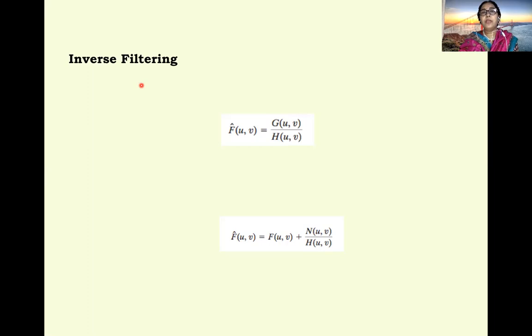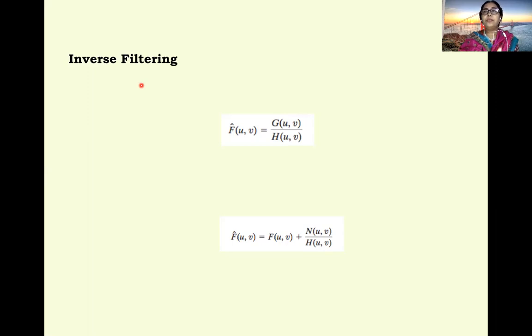Therefore F approximation (u,v) is equal to G(u,v) by H(u,v), from the previous equation we already discussed in the previous lecture. So F approximation is equal to G(u,v) by H(u,v) when we consider the noise almost zero. Therefore, it is not exactly the original F(u,v).